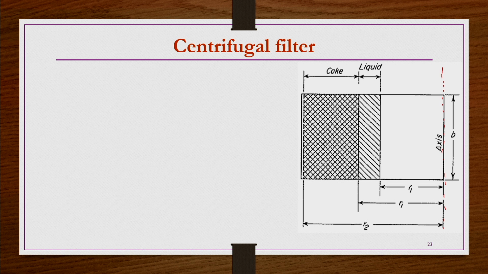Under idealized conditions, the solid particles are depositing along the inner surface of the bowl as a kind of cake, all the particles are deposited along the inner surface of the bowl, forming a cake, and then there is clear liquid adjacent to it. Okay. So, these interfaces are not straight ones like drawn here.